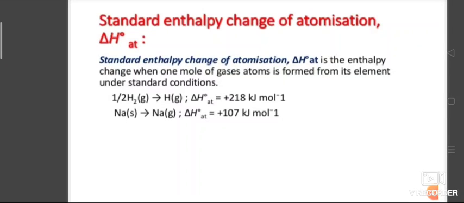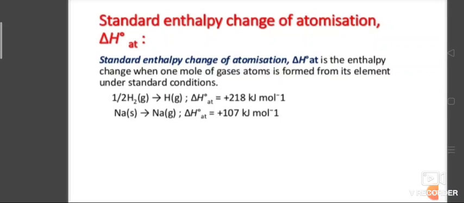It is defined as the heat absorbed when 1 mole of solid changes into vapor completely. What do you mean by enthalpy of vaporization? It is the heat absorbed when 1 mole of liquid changes into vapor completely at its boiling point. So fusion, vaporization and sublimation come under phase transformation.